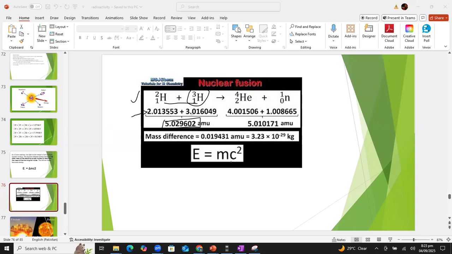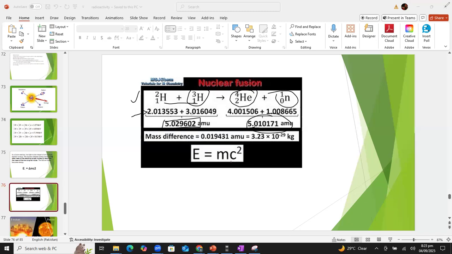But at the output, if I calculate the mass of helium and neutron and add both of them, I'm getting this mass. So it means we are getting less mass at the output as compared to input. I'm repeating, students, we are getting less mass at the output as compared to input. So where will this mass vanish? Look, we are destroying mass, so obviously it will be converted into energy. It will not just disappear. Okay, so if I subtract both values, I am getting the mass difference 0.019431.